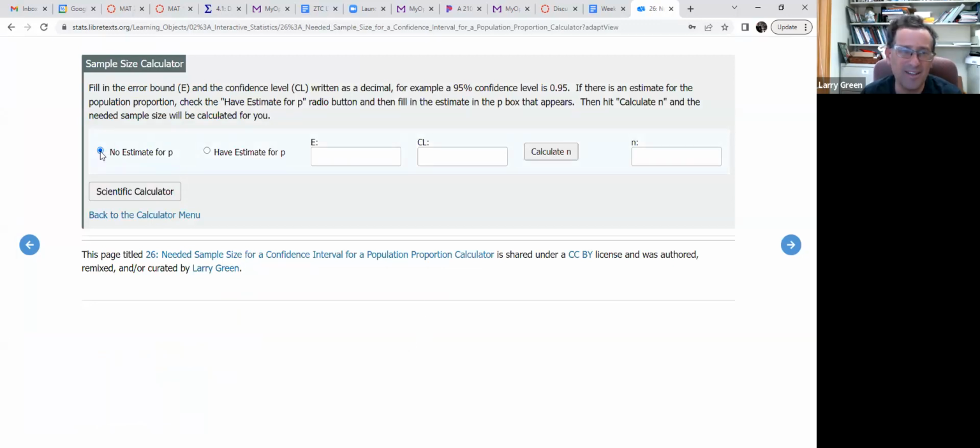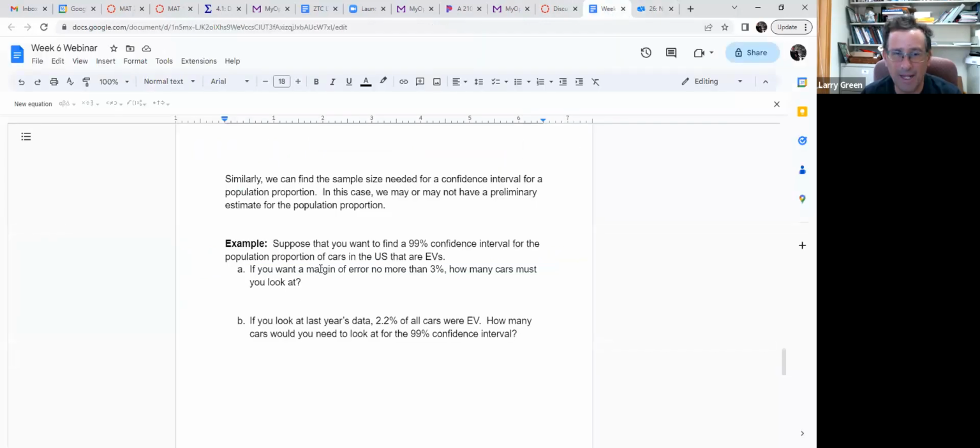All right, so it says, do we have an estimate for P or do we not have an estimate for P? So here for part A, nowhere in here do we have any idea what the proportion is. So we don't.